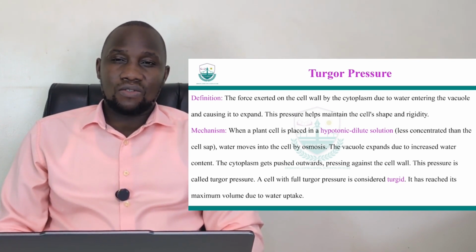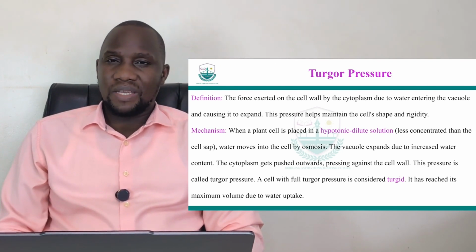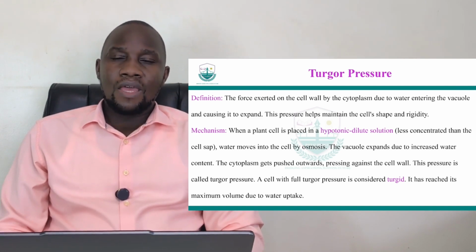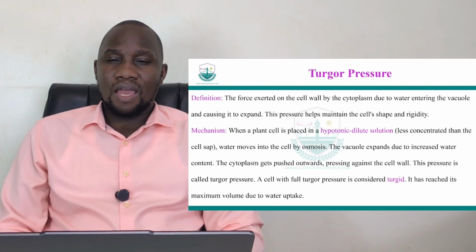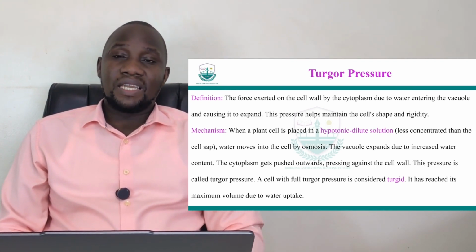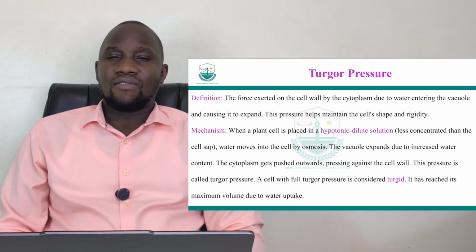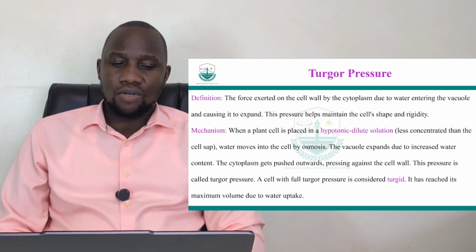So we are relating the surrounding solution and what is in the cell vacuole. Now, when you have a hypotonic solution, it means that the water is basically entering the cell by osmosis, and therefore the cell will basically swell. So you will have the cells becoming turgid, and this is very important in maintaining support.